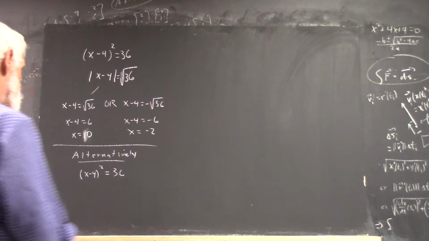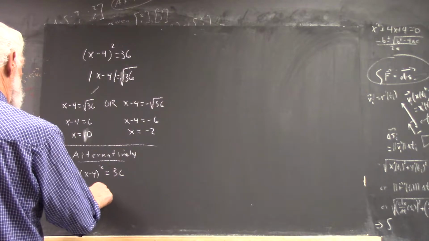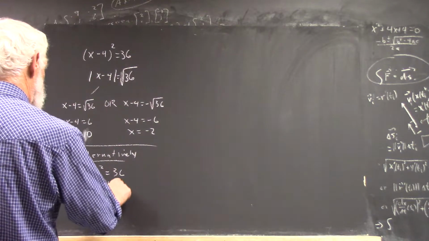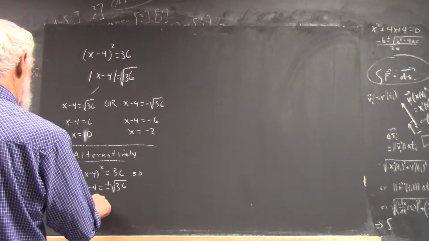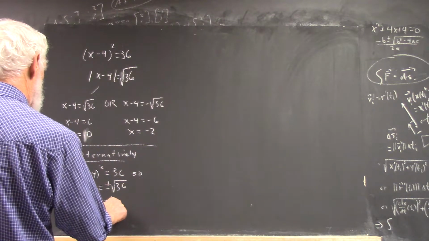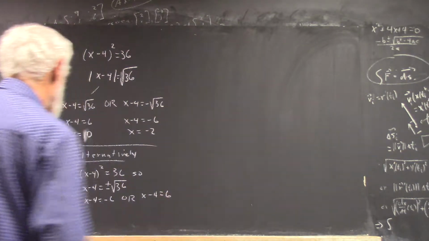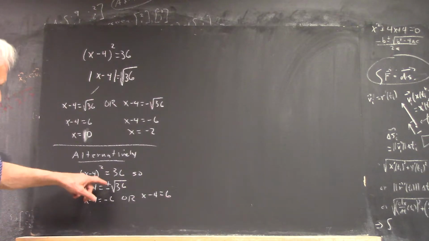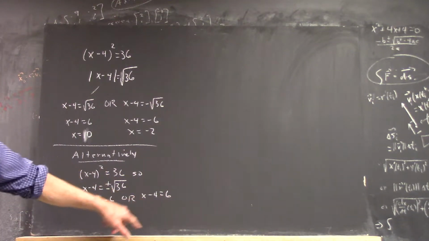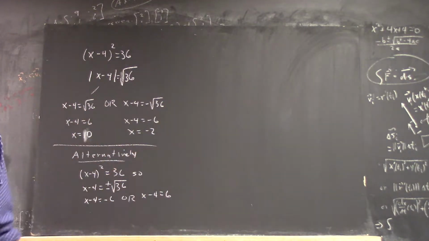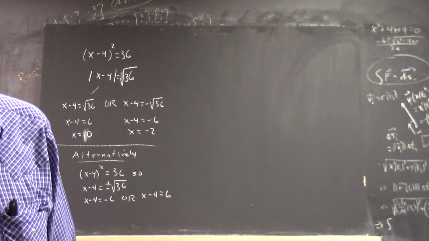So that means it's either plus or minus this, so you have one equation for the minus, one equation for the plus. They're the same equations we had here, so the solution proceeds the same way it did previously. Make sense?